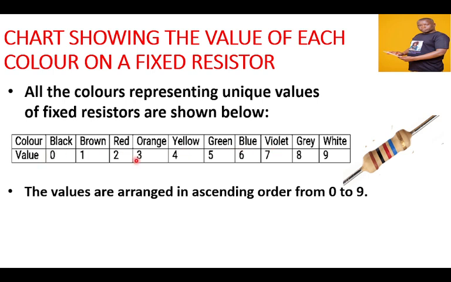You see here there are 10 digits, including 0. All right, black, brown, red, orange, yellow, green, blue, violet, gray, and white. Please take good note of these things so that you appreciate how we can use them to calculate the resistance of a resistor.